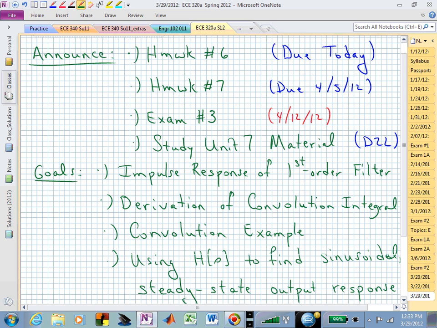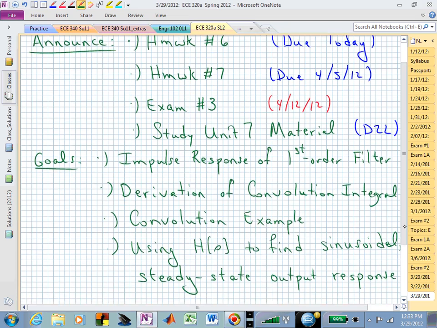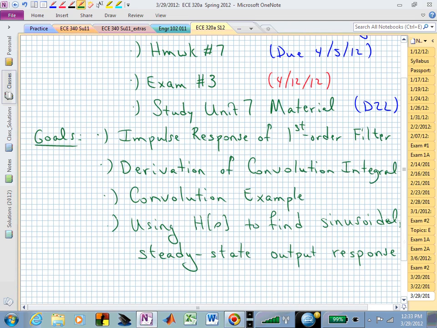For homework number 6, maybe you're still doing that, you had to find quite a few transfer functions or transform expressions. And you could then find from that information, if you know what is being called the input and what's being called the output, a transfer function, and you could then inverse Laplace transform that transfer function to actually determine the impulse response between that input and that output.